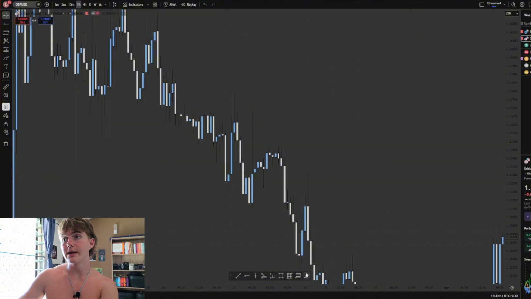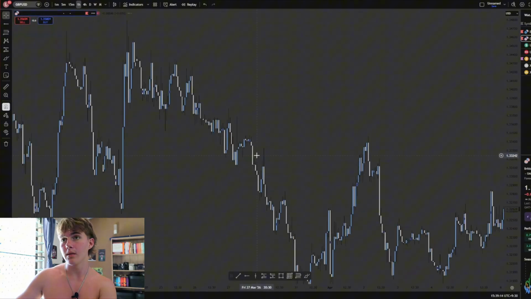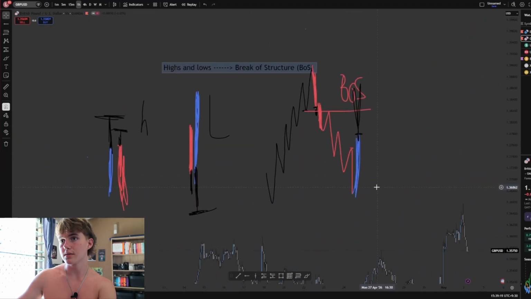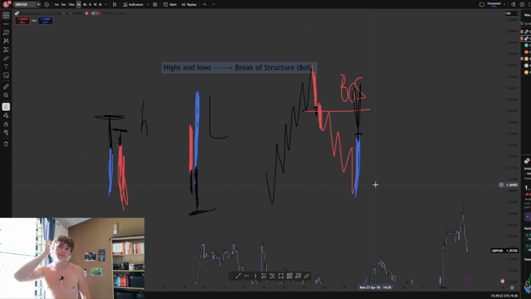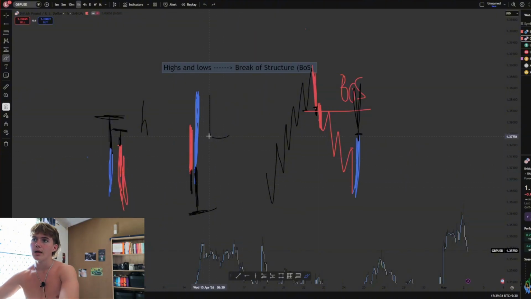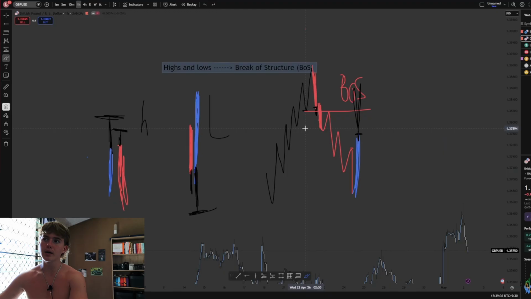And now that is basically it for highs and lows and breaks of structure. Hopefully that helps you guys a bit more. You can see this, boom, up, down, that's a high, down, low, that's the low. And then a shift, a break of structure.